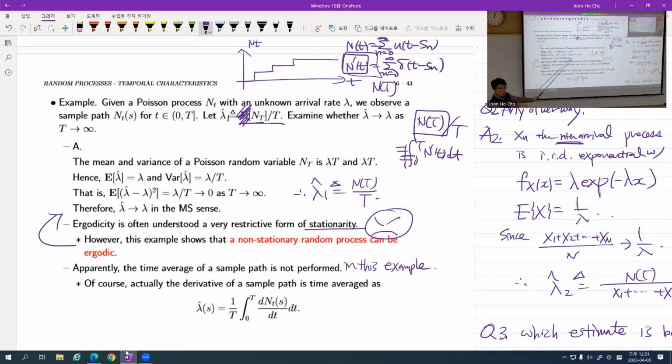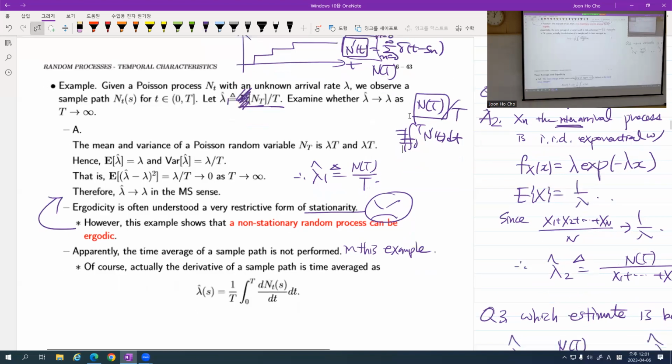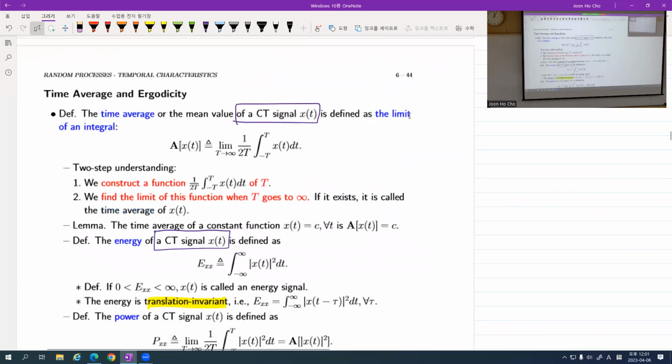Apparently there is no time average, but if we consider N prime of t, the differentiation of our Poisson random process, then actually we have been using the time average. So from this point, I will just talk about time average and statistical average to talk about ergodicity over random processes.